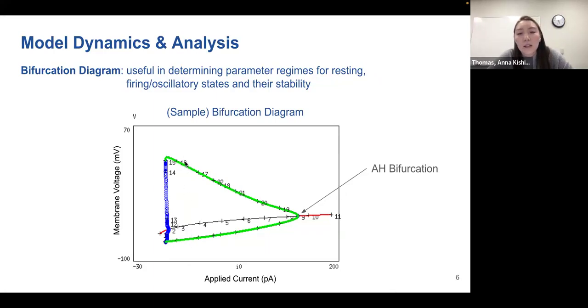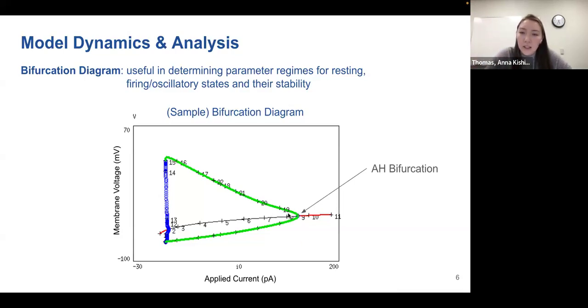While this plot does not say anything about the frequency, since we just have voltage and current, we do see something about the amplitude of the membrane voltage. And we can see as the current becomes larger, the amplitude becomes smaller. So that kind of agrees with what we saw in the benchmark plot.